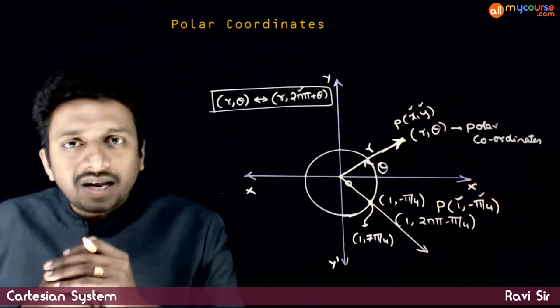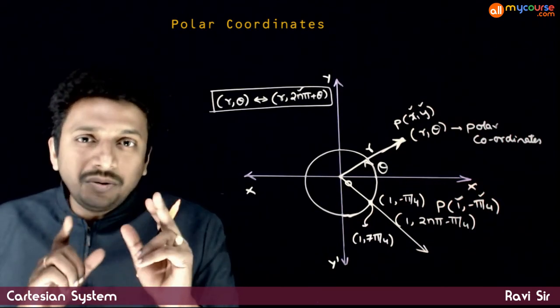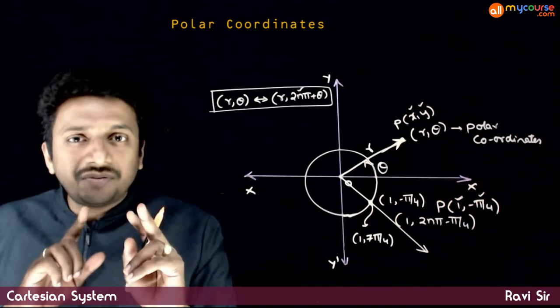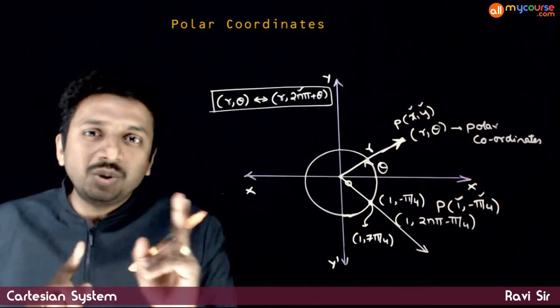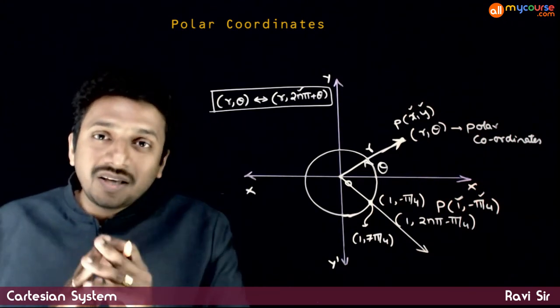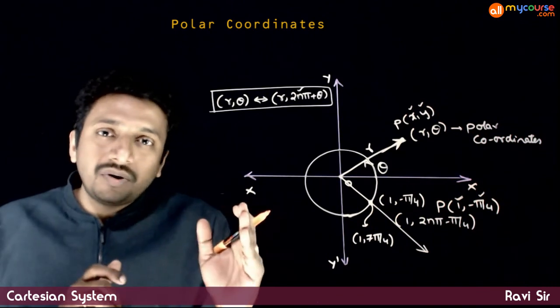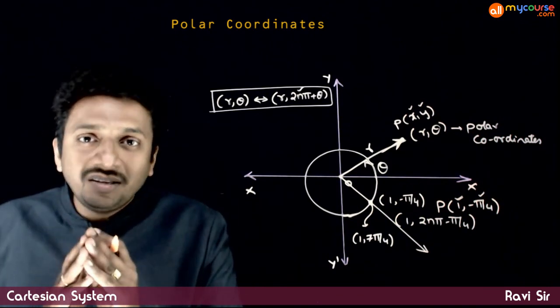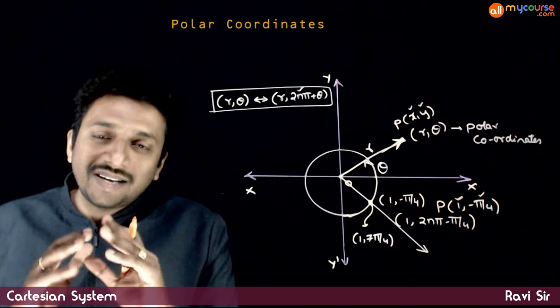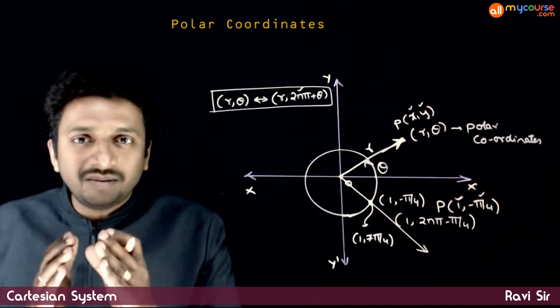Once you understand what polar coordinates are, what you need to be able to do is convert from one type of coordinates to the other. That is, if the polar coordinates are given, you should be able to derive the Cartesian coordinates. If Cartesian coordinates are given, you should be able to derive the polar coordinates. So let us see how to get one system from the other.